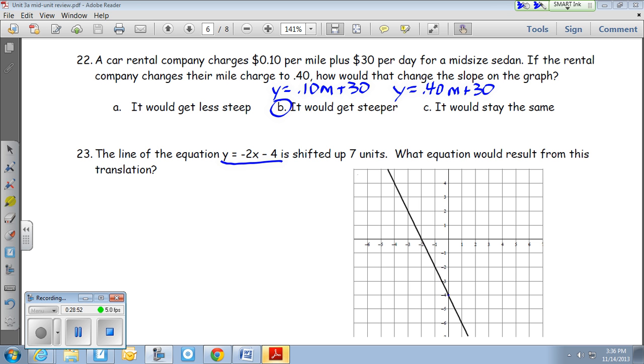Go up 7, 1, 2, 3, 4, 5, 6, 7, and it would be a parallel line. So the slope stays the same, but my y-intercept now is at 3. So all I'm doing really is dealing with the y-intercept. That's all that's changing in my equation.